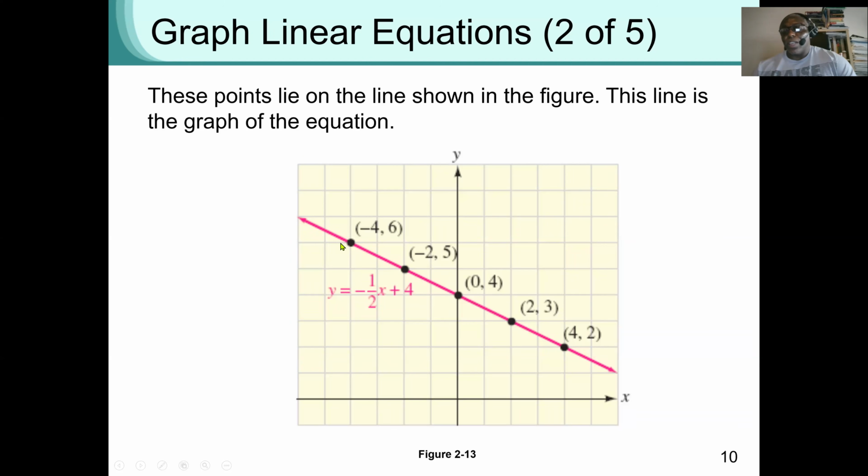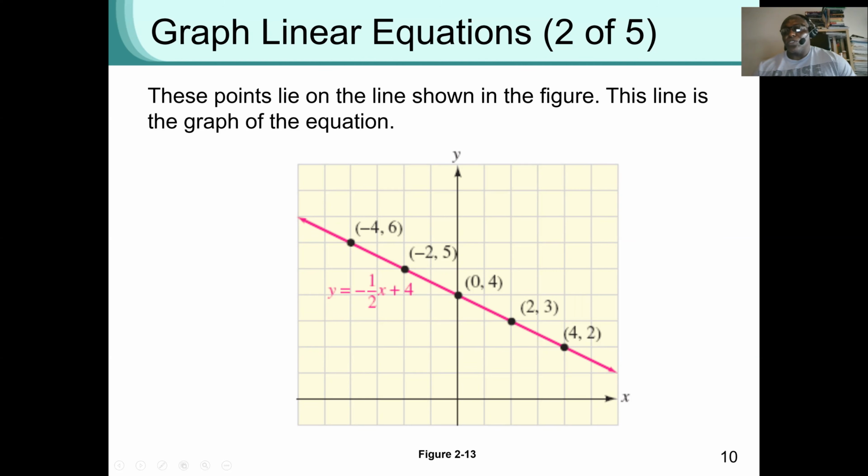Another option is that in a linear equation, when we get 2 points, that's enough. We can just draw the line through those 2 points as long as we want. In this case, we can find the x-intercept. X-intercept means when y is 0, what's the value of x? Then we can also find the y-intercept.